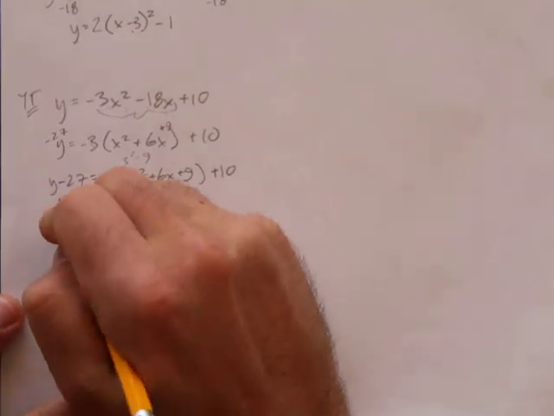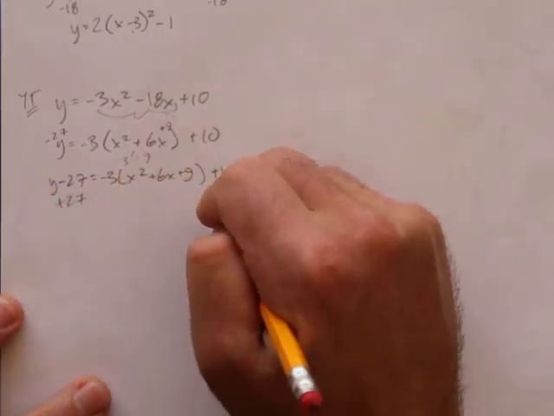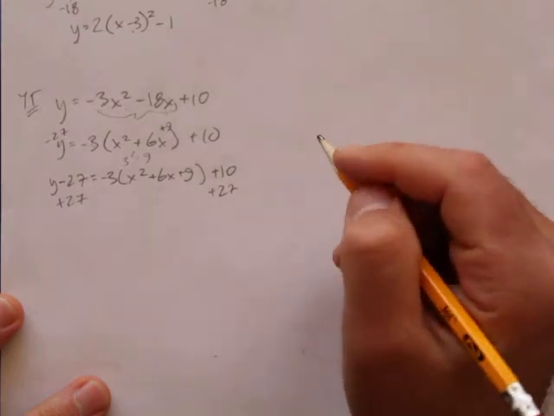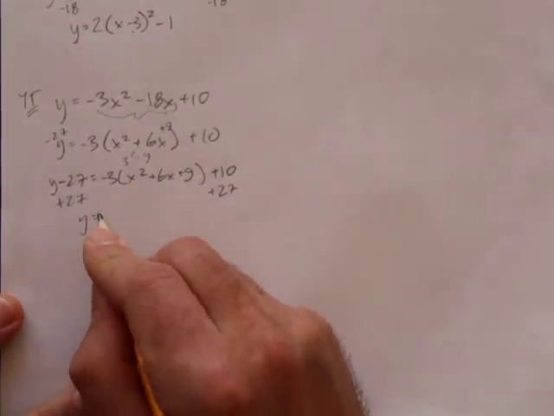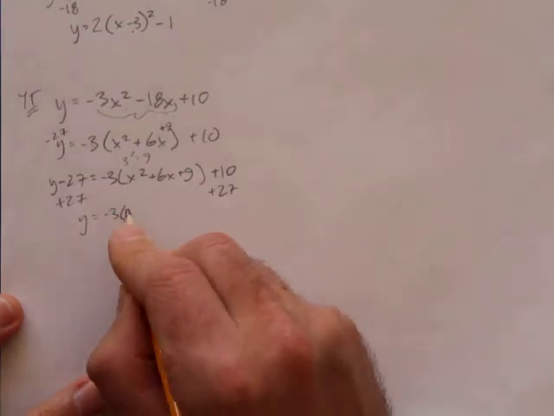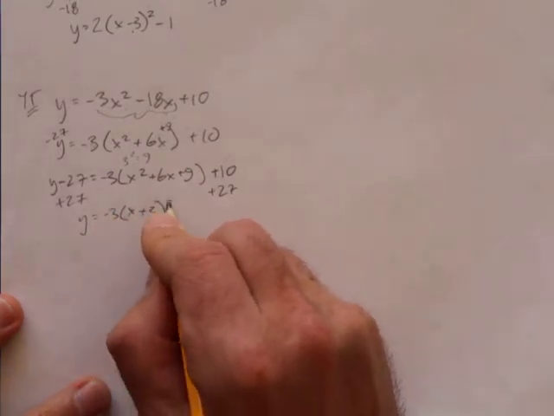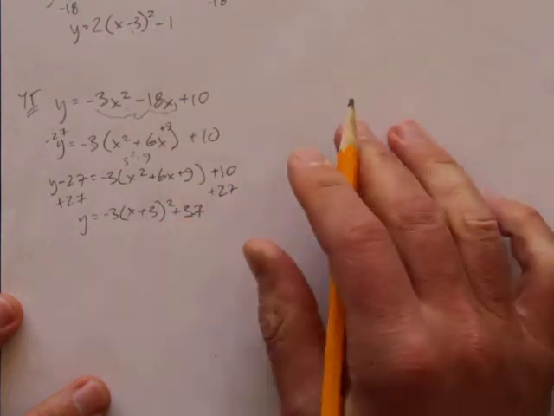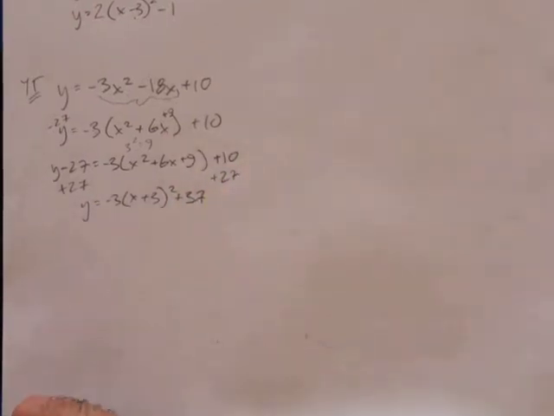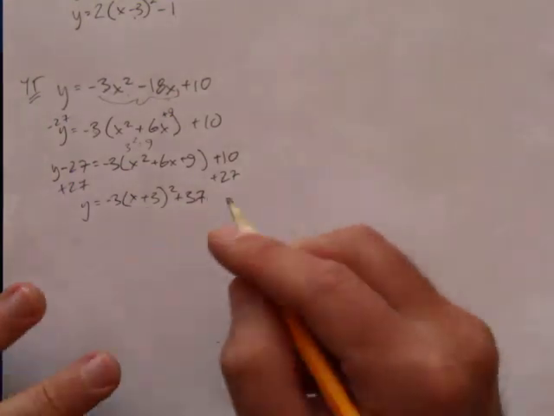All right, let's add 27 to both sides. And let's change this to say y equals negative 3 times x plus 3 squared. 10 and 27, adding those together is 37. All right, vertex.